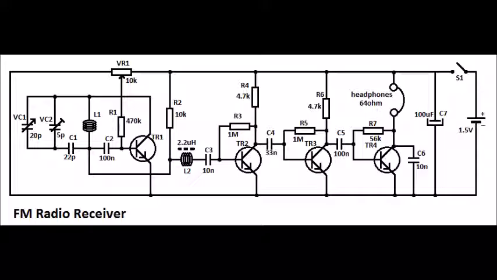So what the filter does is it allows only one particular frequency to pass through, say 150 megahertz. So the signal that we get from the antenna, not necessary that the desired signal we need is at a particular frequency, say again 150 megahertz.